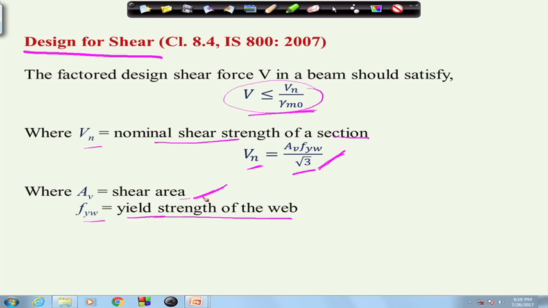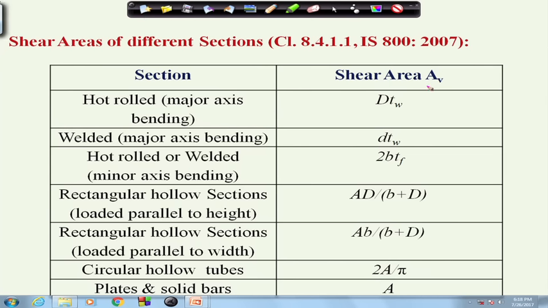Now, shear area can be calculated as given in clause 8.4.1.1, where it is told that the shear area Av can be calculated for different types of sections, like for hot rolled section, if major axis bending is happening, then this is D into Tw, D is the overall depth, and for major axis bending for welded section, it will be small d into Tw, and similarly for hot rolled or welded section about minor axis, it will be 2 into B into Tf, because the flange is on two sides.